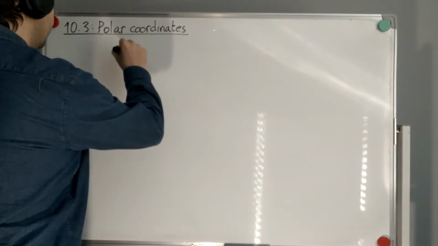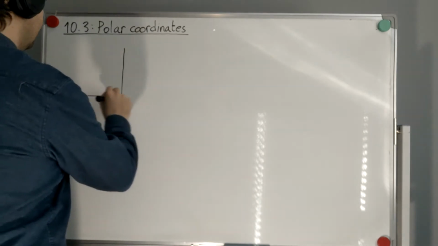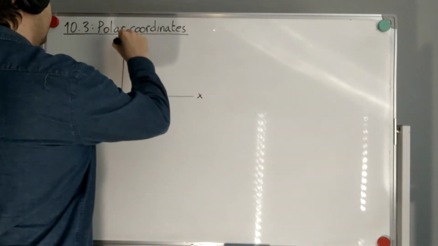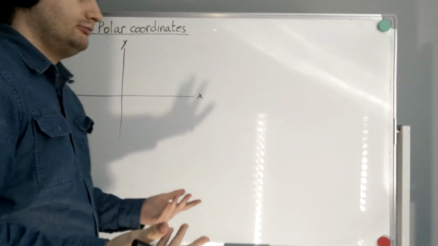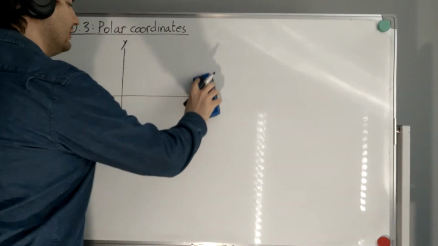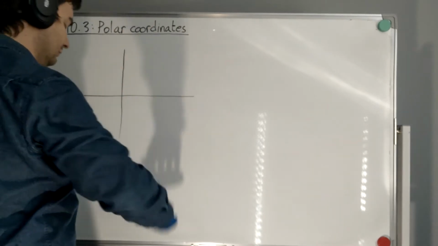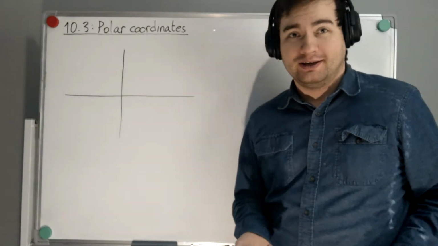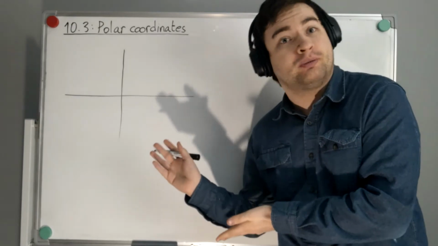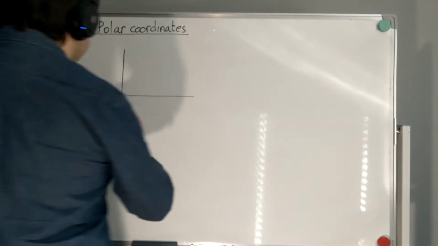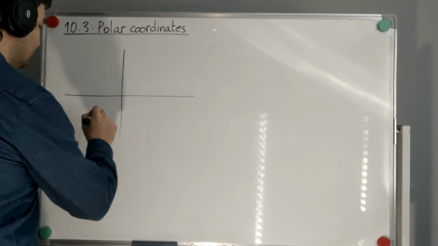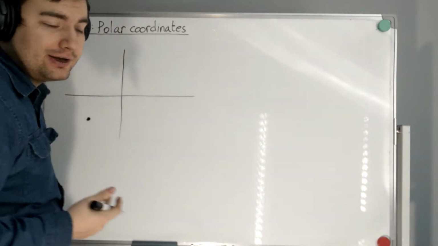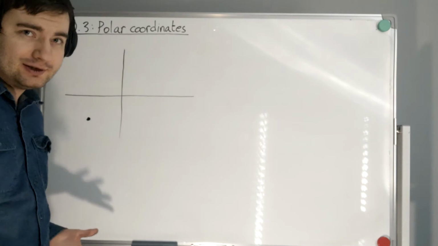So, the idea is this. Well, actually, let's not put these labels on it. Throughout life, if you wanted to describe a point in the two-dimensional plane, like right here, then you would just take its distance from two axes.